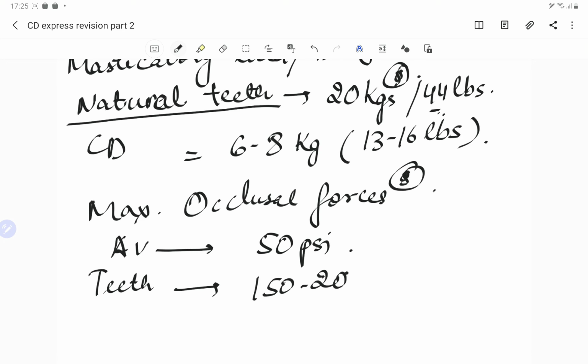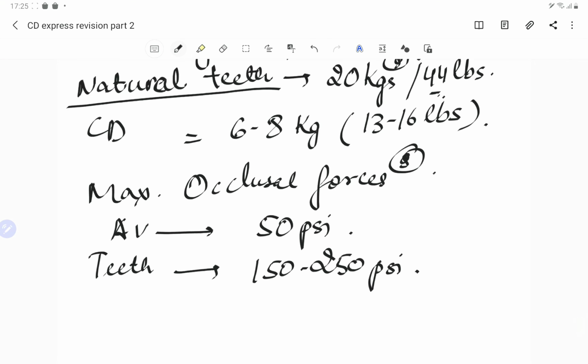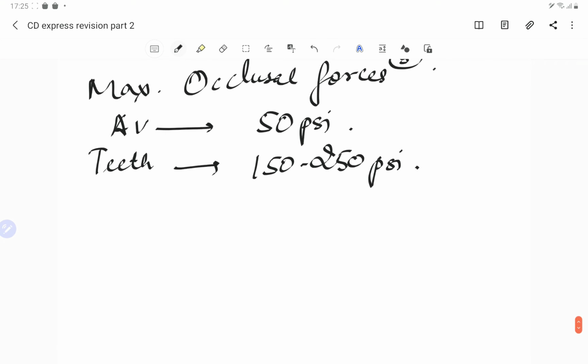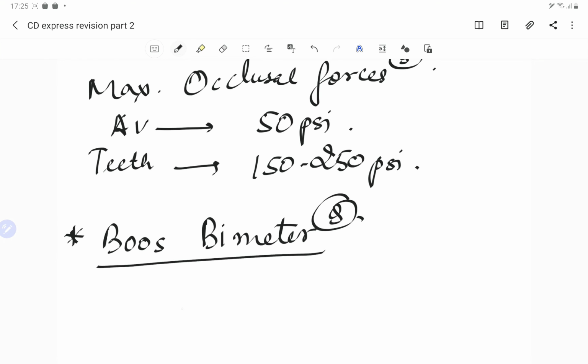I am sorry, 250. So how do we measure this maximum force of the jaw? We measure it by a Boley's biometer. It measures the maximum forces of the jaw.